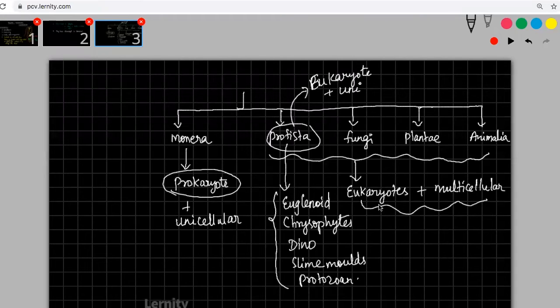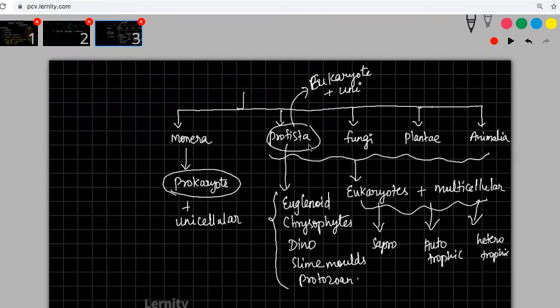And how are they divided? That is based on the nutrition, which we will study. This is saprophytic. This is autotrophic. And this is heterotrophic. This is how it is divided.